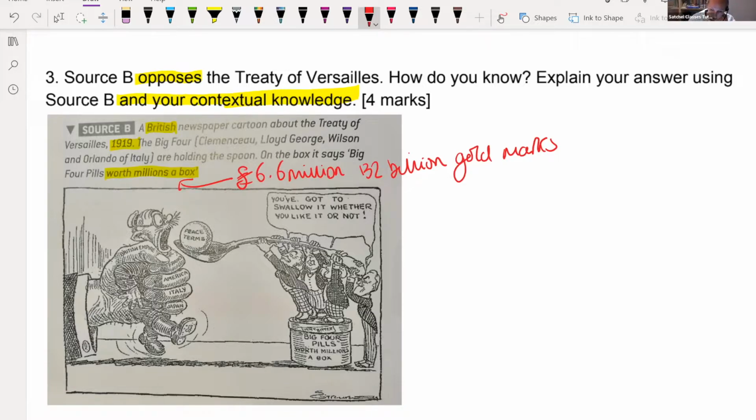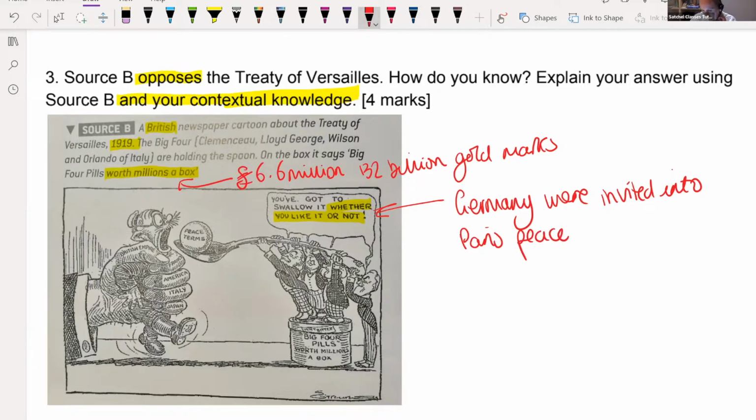Right, so peace terms. You've got to swallow it whether you like it or not. Now, here, I know contextually that Germany were not invited into the Paris Peace Conference.